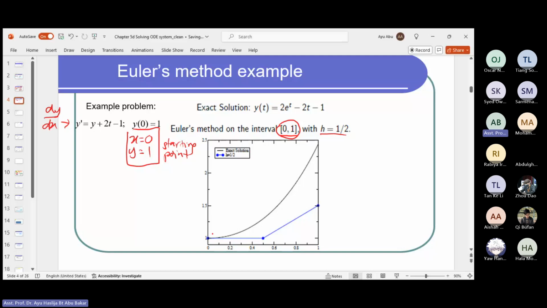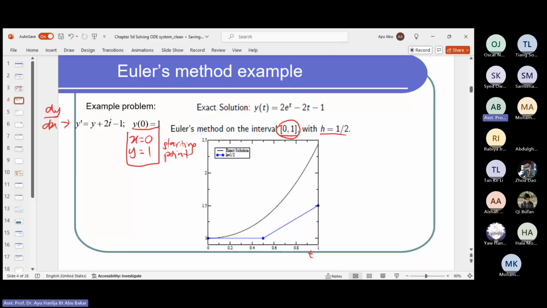In this case, the x-axis is t and the y-axis is y. The interval here means the t value is from 0 to 1. So this is your interval.